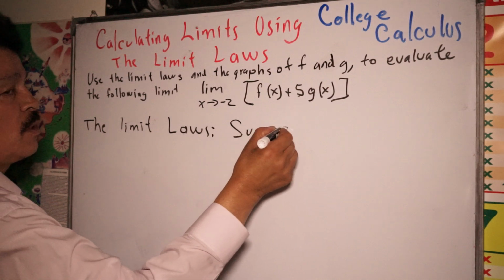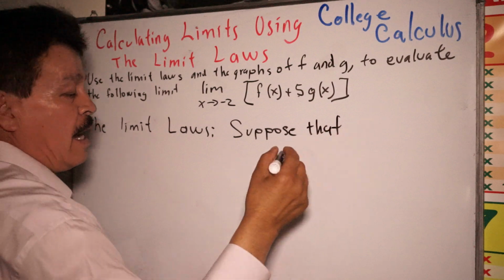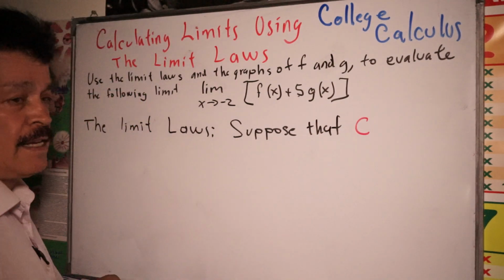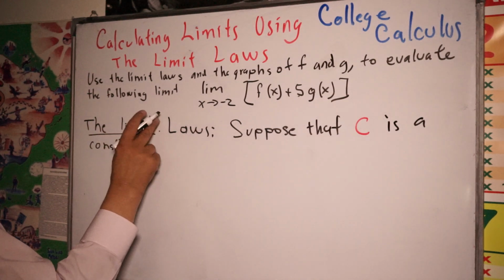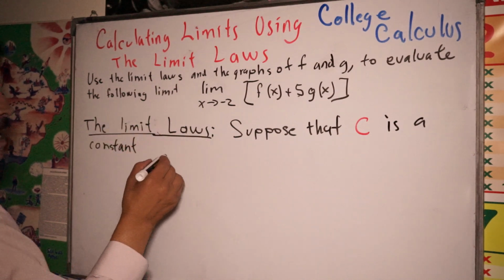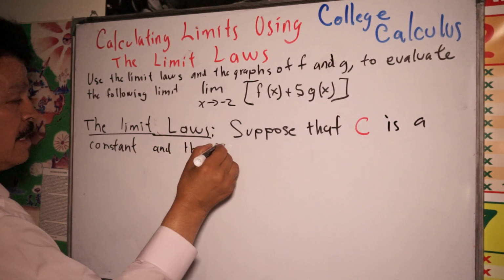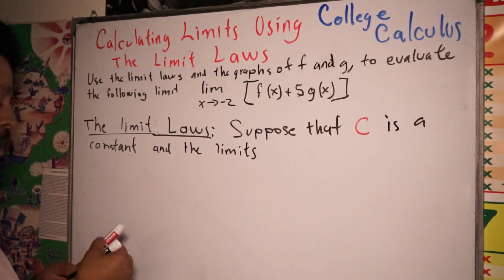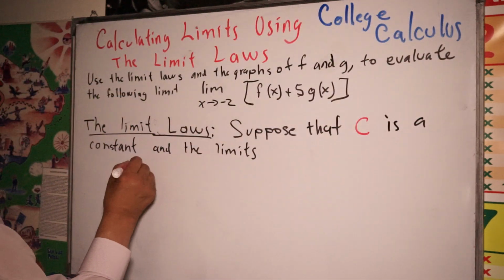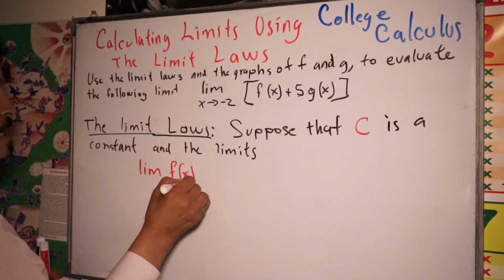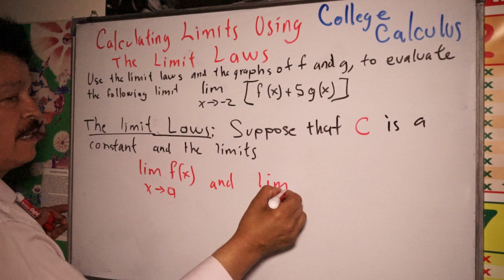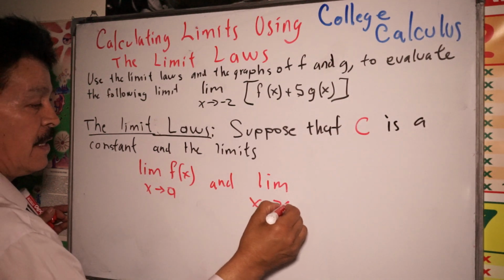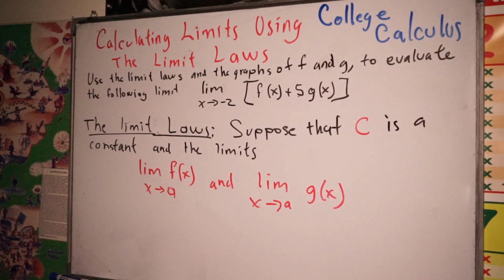Suppose that c is a constant, and the limits of f of x and of g of x as x approaches a both exist.